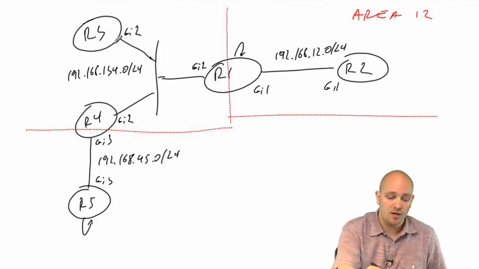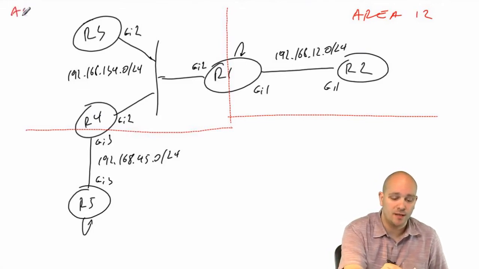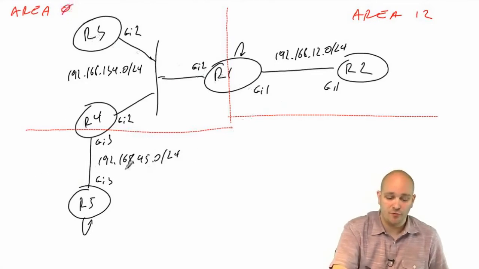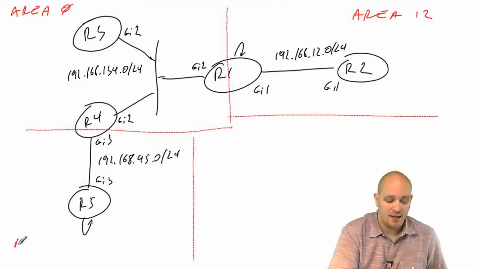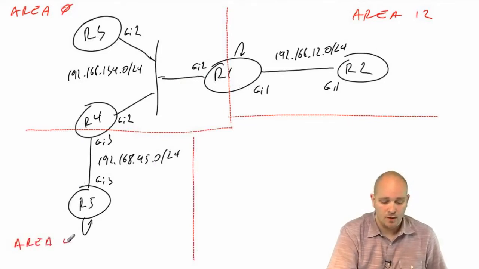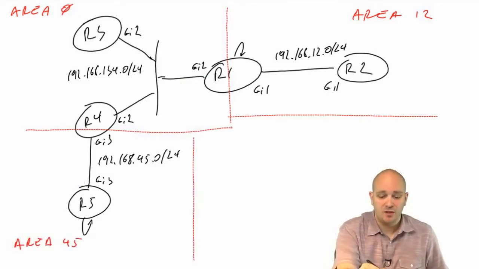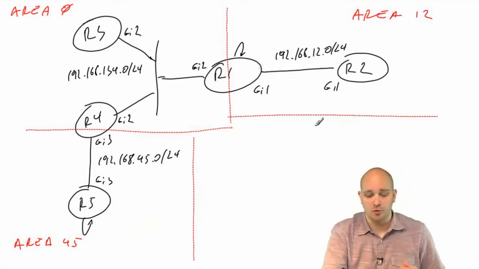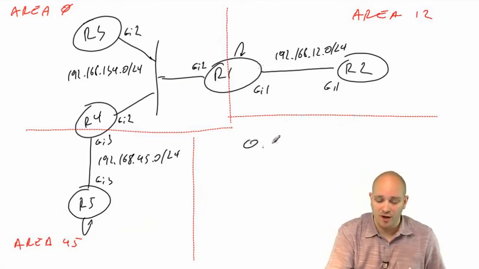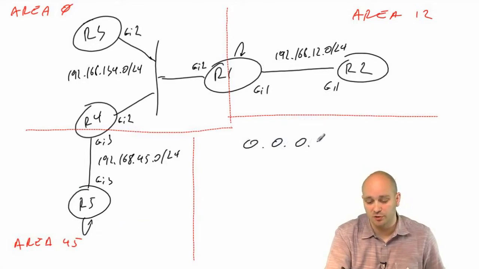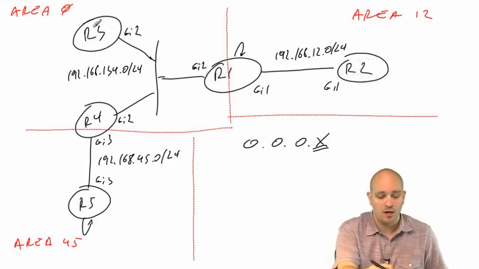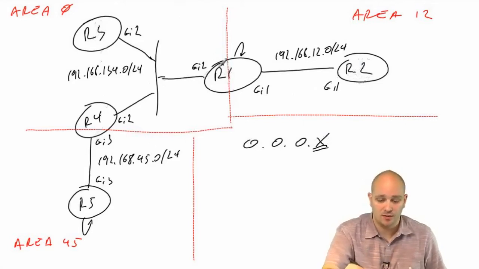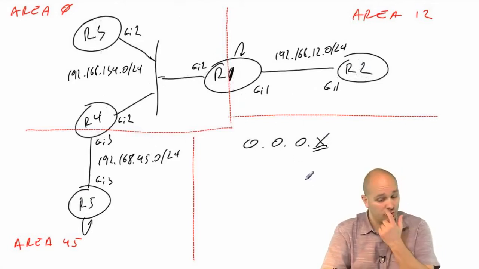Routers 1, 3, and 4 are going to be in area 0, and routers 4 and 5 are going to be in area 45. Just as a reminder, all of my routers will be configured to have the router ID in the format of 000X, where X is the router number: 1, 2, 3, 4, and 5. So this here is router R1.